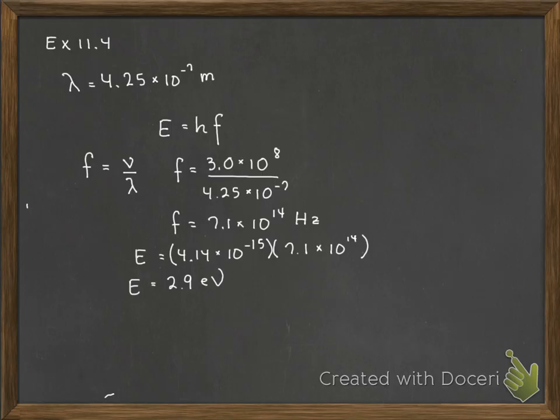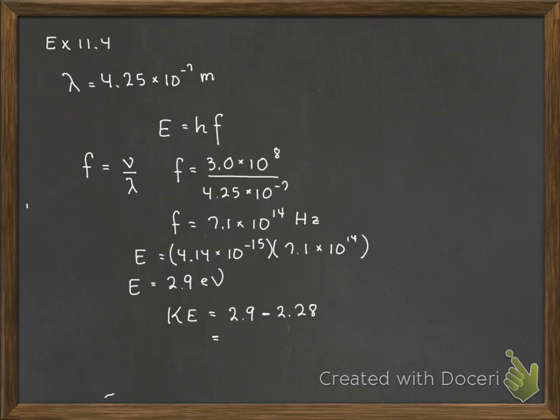So the amount of kinetic energy that the electrons have is going to be 2.9 minus the work function of that metal, which was 2.28.